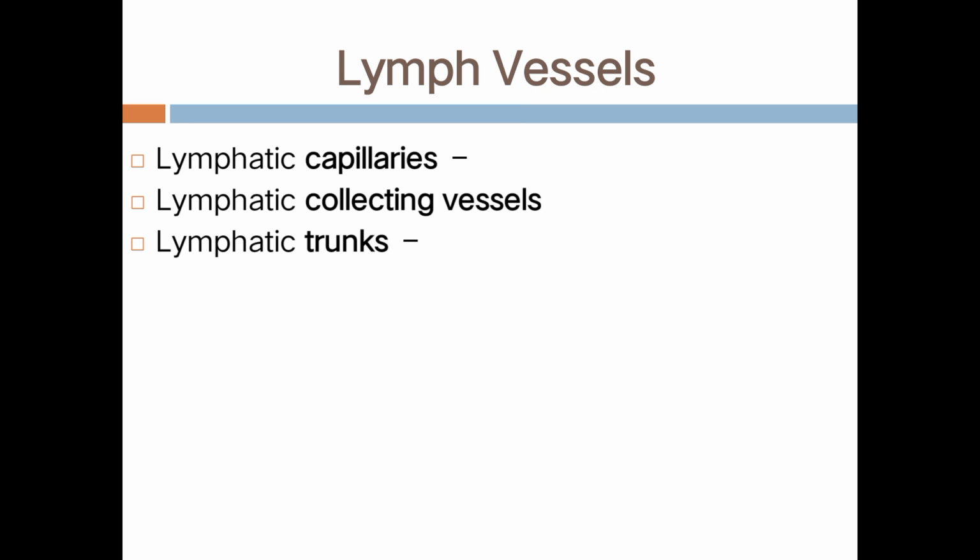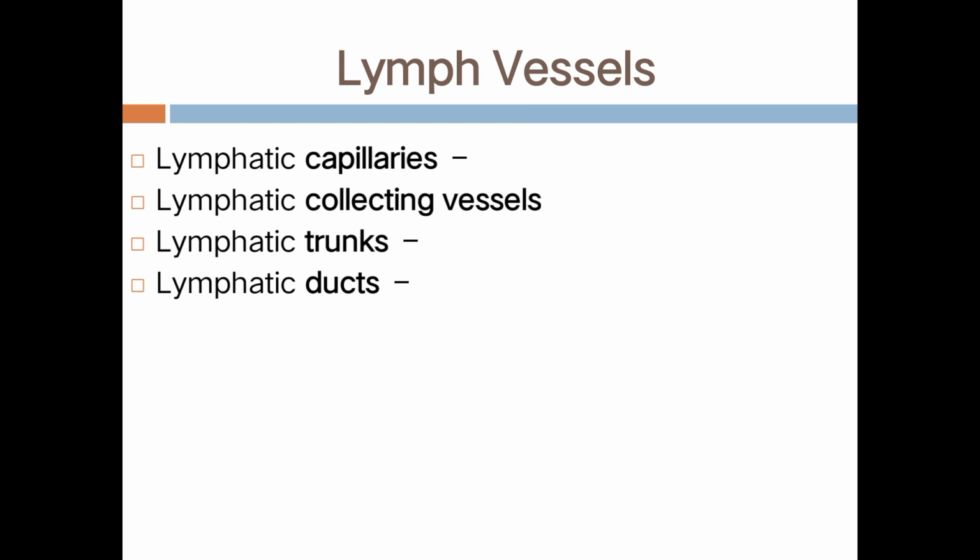A lymphatic trunk is any large lymph vessel that forms from the convergence of many efferent lymph vessels. There are four sets of lymph trunks that are paired with a right and left half and one unpaired trunk. Jugular lymph trunks located in the neck drain lymph fluid from the cervical lymph nodes of the neck.